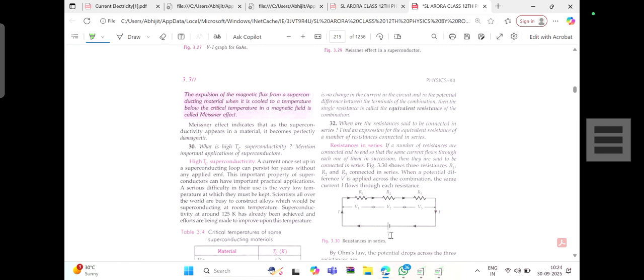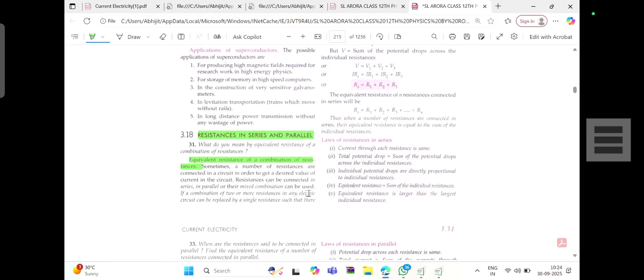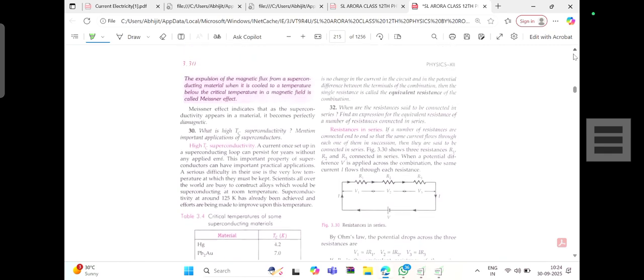What is resistance in series? That means if there are three resistances, at first I have to clear the previous one. It is clearly said that if a combination of two or more resistances in any electrical circuit can be replaced by a single resistance such that there is no change in current and in the potential difference between the terminals, then the single resistance is called equivalent resistance.